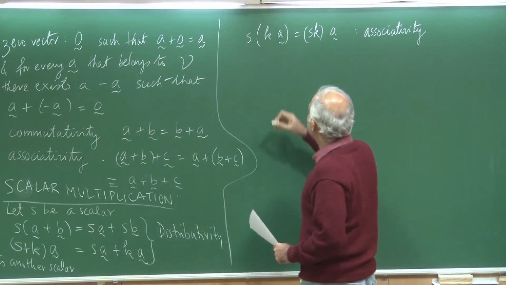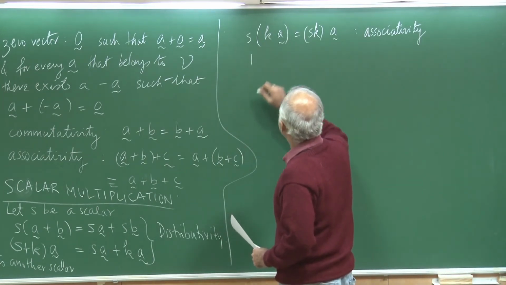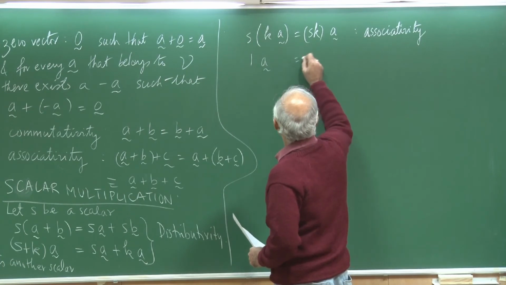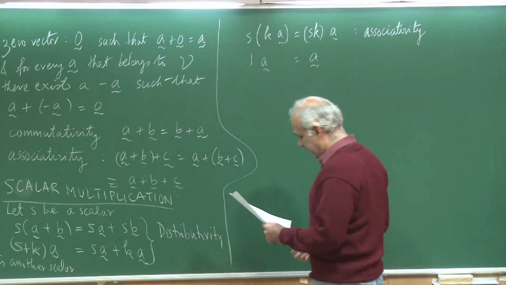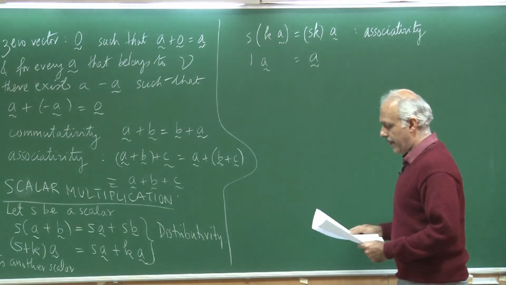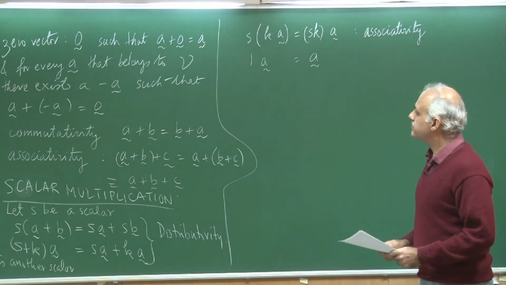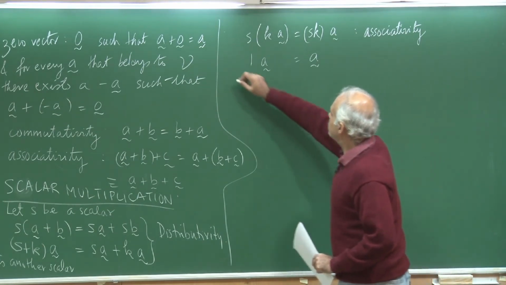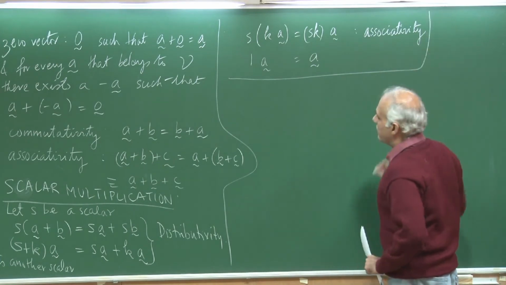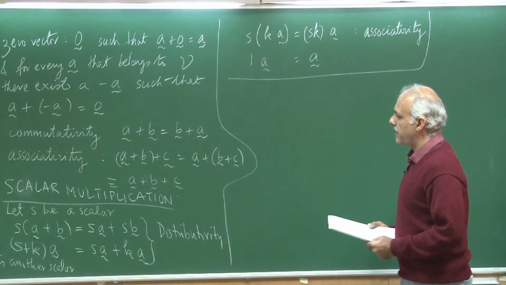And of course we are going to talk about a unit scalar times A, and this should be identically equal to A. Okay. So that's what a vector space is.